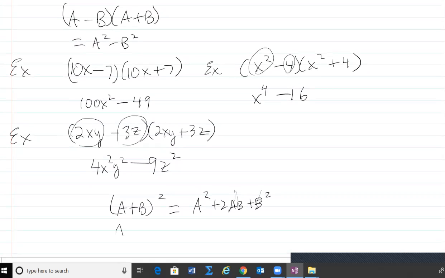And then we have the a minus b times a plus b, which is always a squared minus b squared. Okay. All right. So that's all you need to know for that section. Just do a little practicing with those problems.